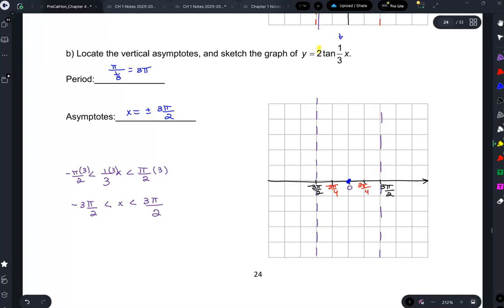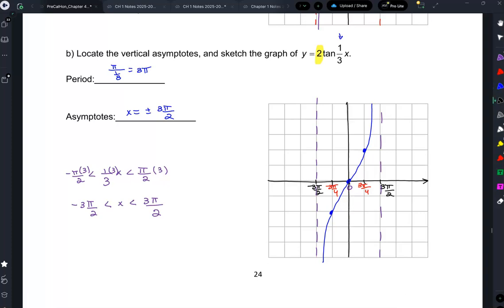Now look, A is 2 here. That's a vertical dilation. That means to the right, it goes up, but how much up does it go? 2 units, and here, down 2. Okay? So that's the 0, and then also like say this is 1 and this is 2.